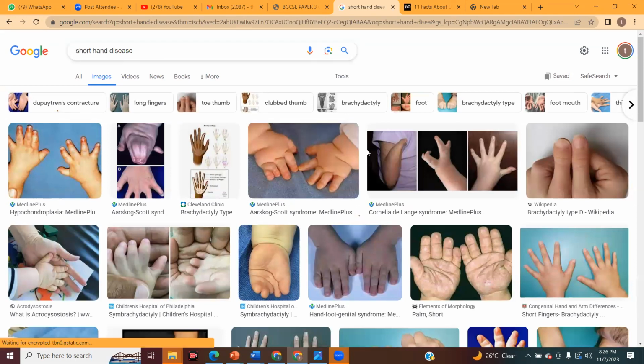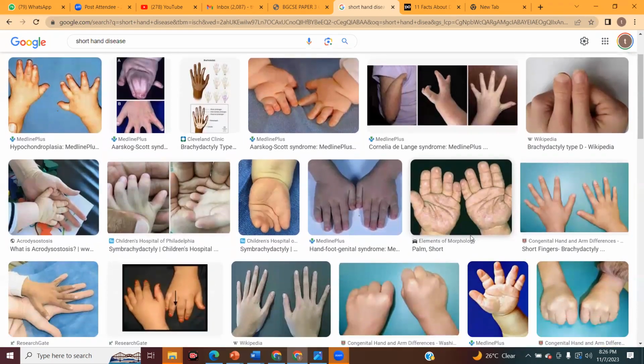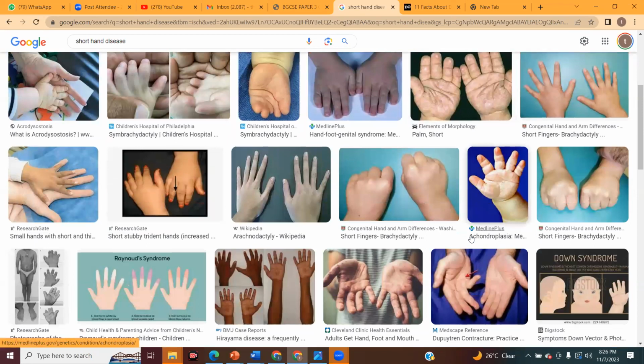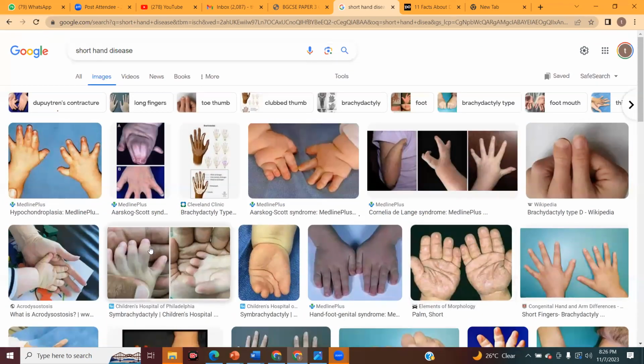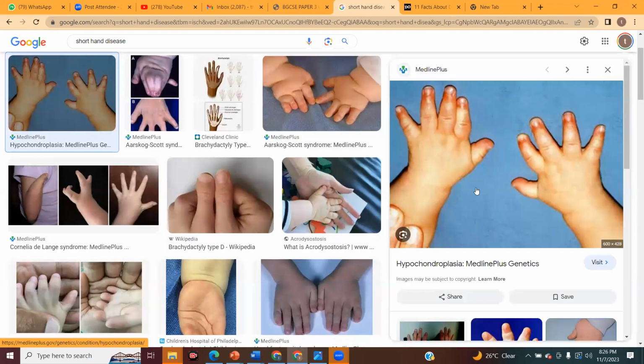I know somebody with a short leg. Shorthand? You mean this? Oh, I never heard about this. Like with baby hands. Okay, interesting.